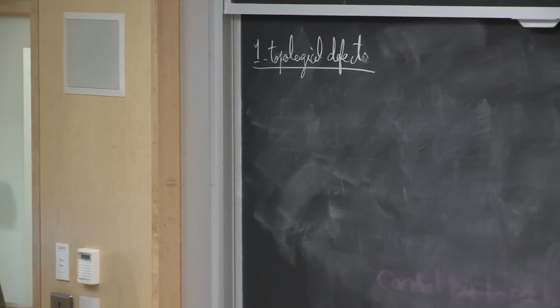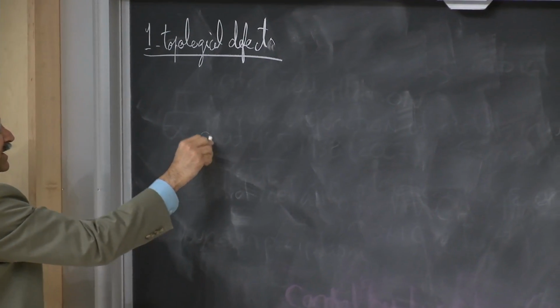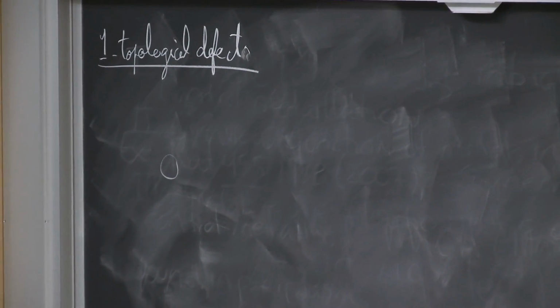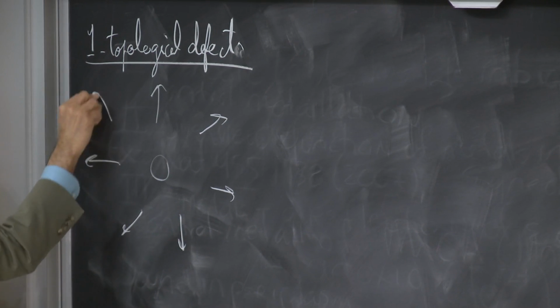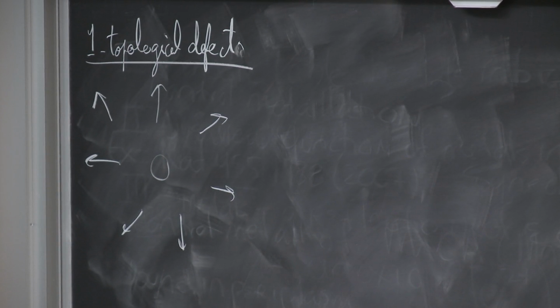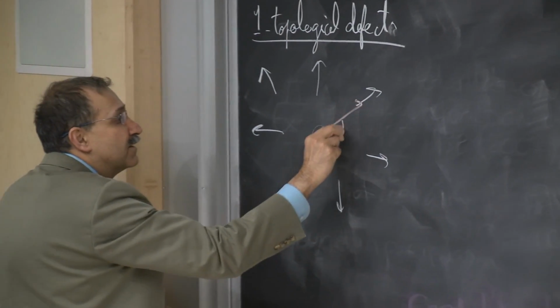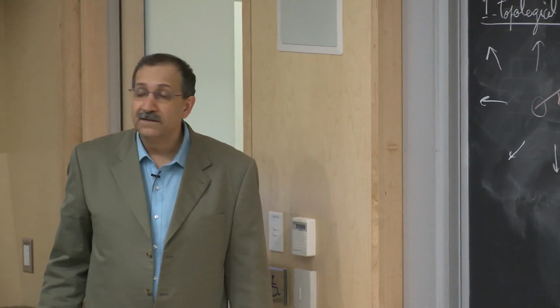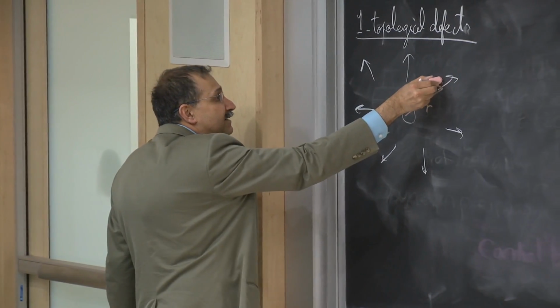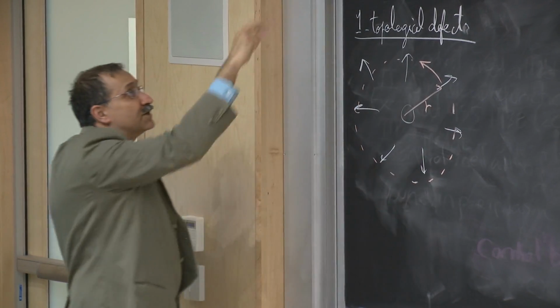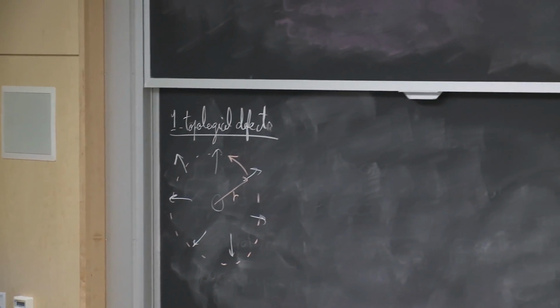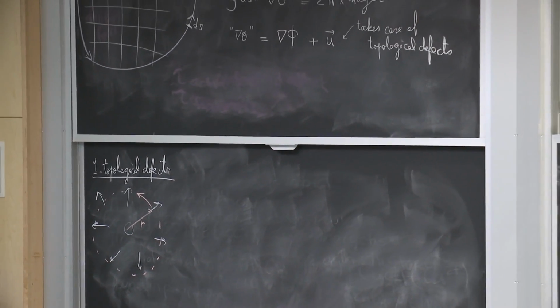And the idea here was that maybe I had a configuration where around a particular center, let's say all of the spins were flowing out, or some other such configuration, such that when I go over a large distance r from this center and integrate this field u, just like I did over there, the answer is going to be, let's say, 2 pi n.